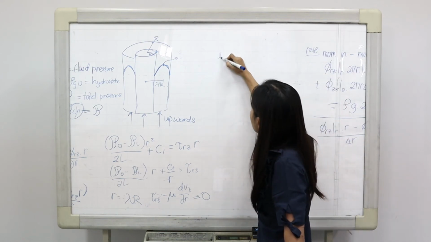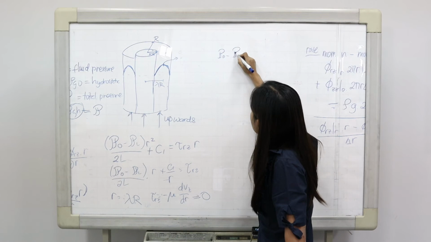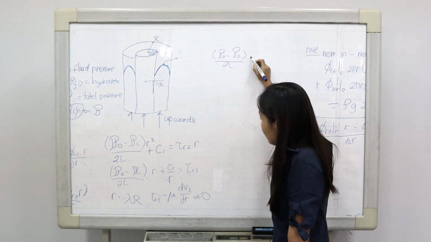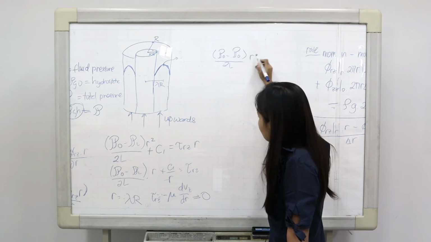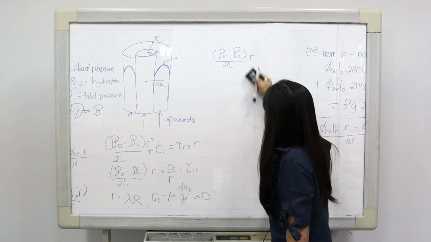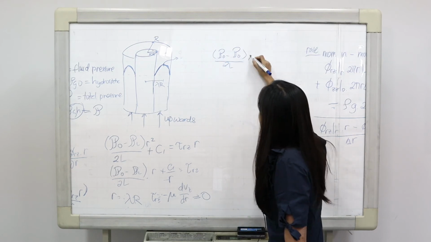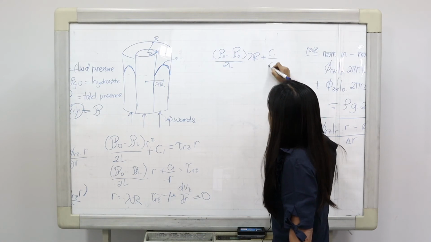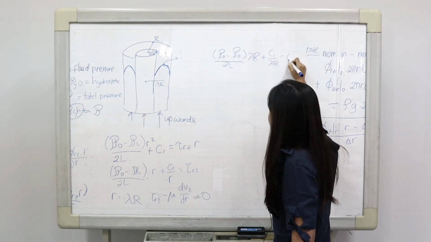We have modified pressure 0 minus modified pressure L divided by 2L times R, change it into lambda R, lambda R plus C1 over lambda R equal to 0.